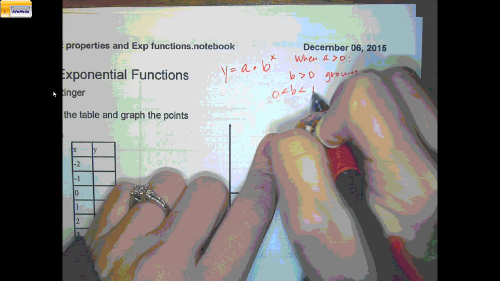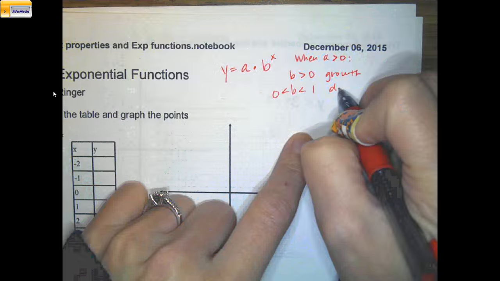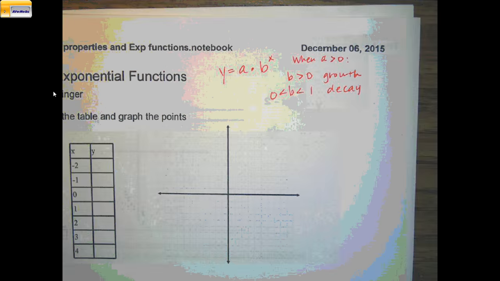If b is between 0 and 1, like a fraction of some sort, it's decay. Growth, we're thinking about things like population, steady increases of population, or money. Decay is like radioactive material that's breaking down over time.